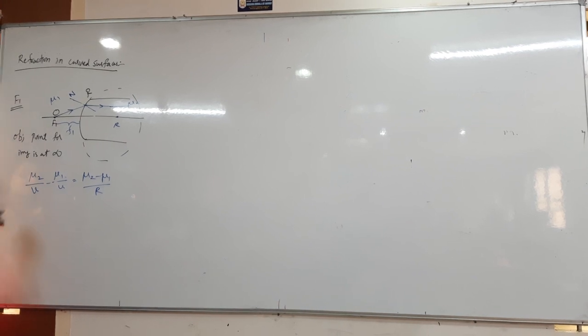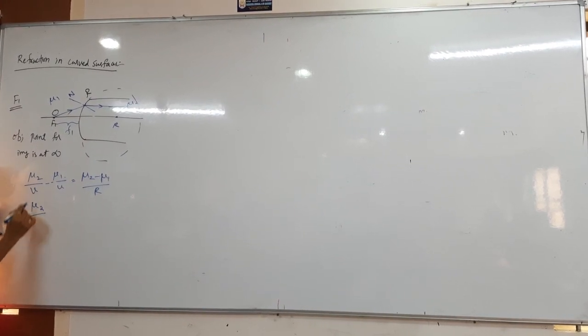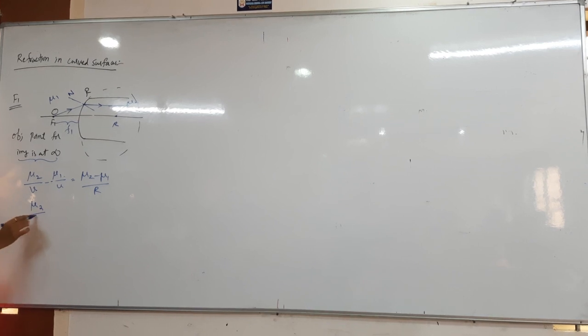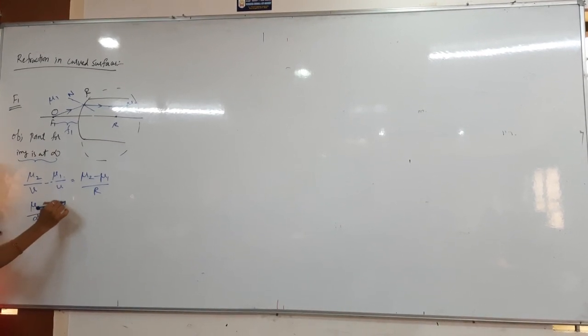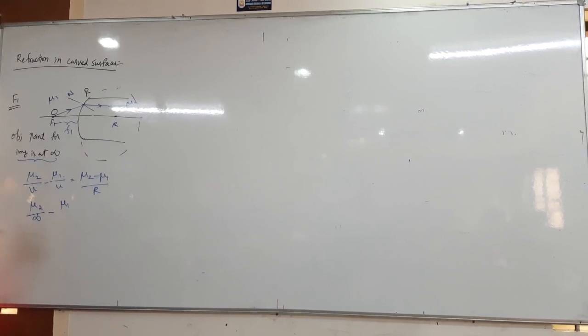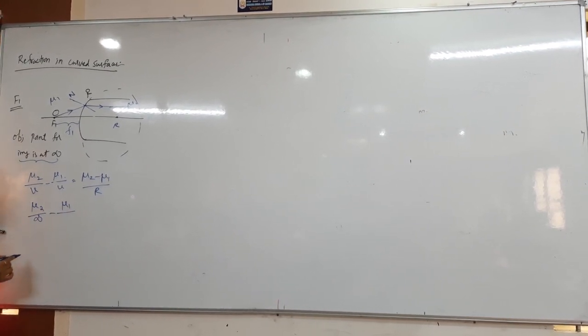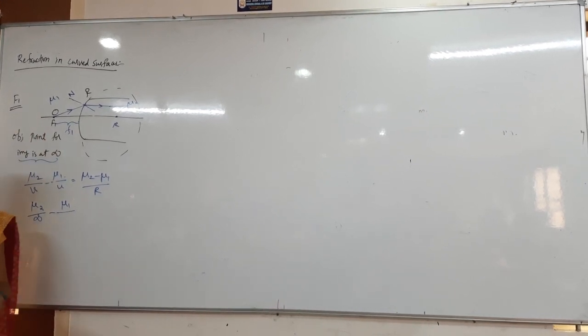Here mu2 divided by v, and v is how much? Infinity, because I said the image will be at infinite distance. Infinity minus mu1 by the object distance, which is F1. Now tell me, plus F1 or minus F1?